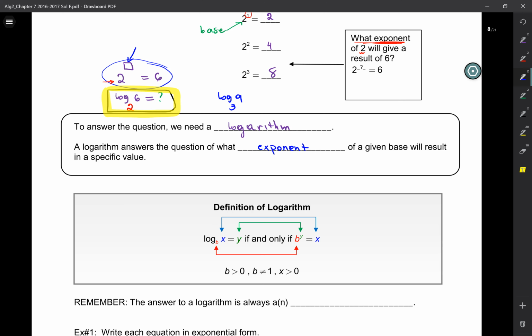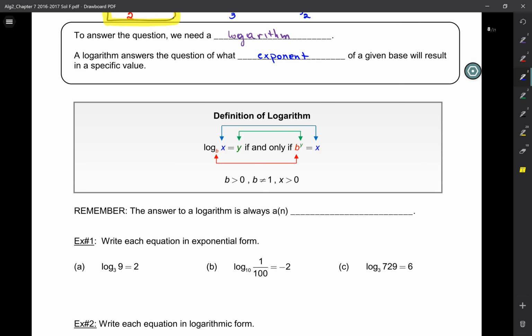Is she right? Yeah, she's totally right. If I saw something like this, what is that asking me? 2 to the power of what gives you 16. Awesome. Okay, good. So now we totally know what a logarithm is.